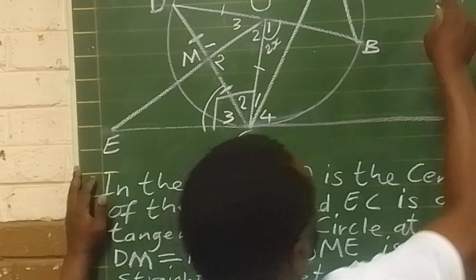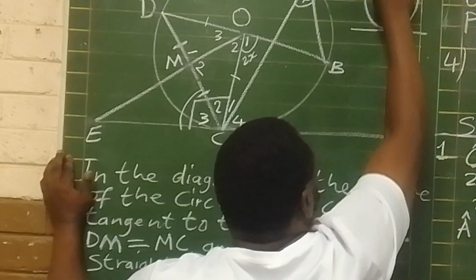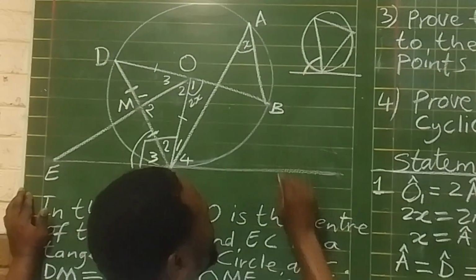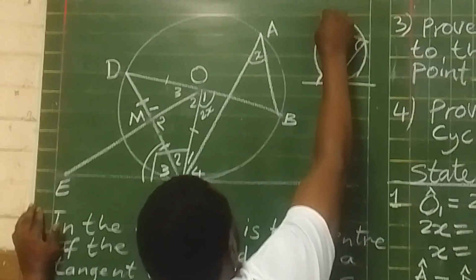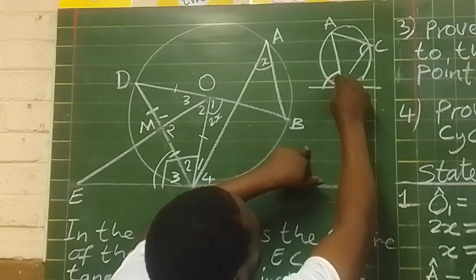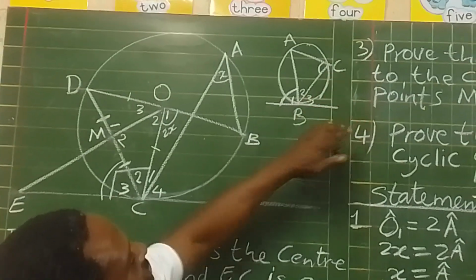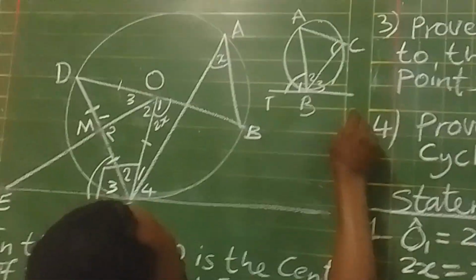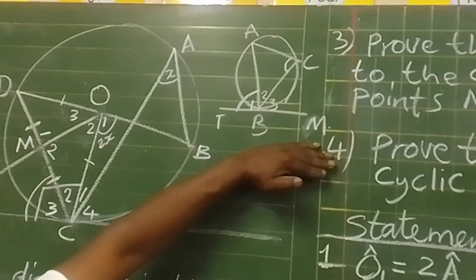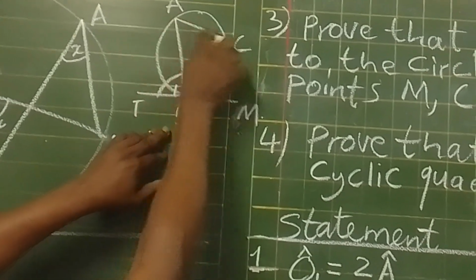I'm just making an example. If we say A, B, C, this is B1, B2, B3. B1 is equal to angle C. That means this is a tangent TBM. This TBM is the tangent to the circle through points ACB.